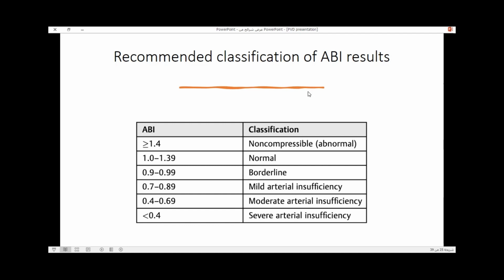It is inconclusive for such patients. For others, normal is 1 to 1.4, with borderline values, and we can take 0.9 to 0.4 as mild to moderate arterial insufficiency. Less than 0.4 is severe. We can also classify patients from 0.9 to 0.4 as usually claudicant, and less than 0.4 as critical limb ischemia, including rest pain and tissue loss.